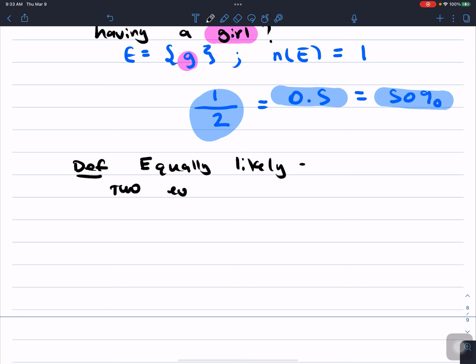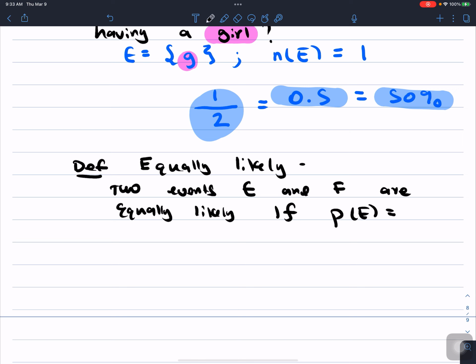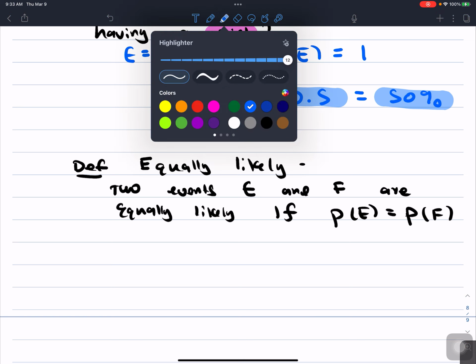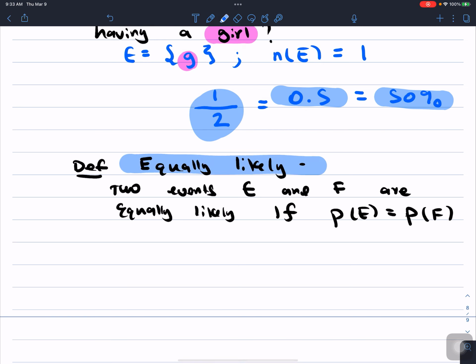Two events, we'll name them E and F, are equally likely if the probabilities are equal. So you guys want to write down that definition as well.